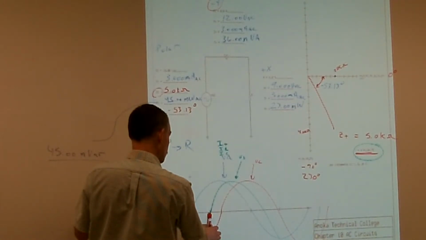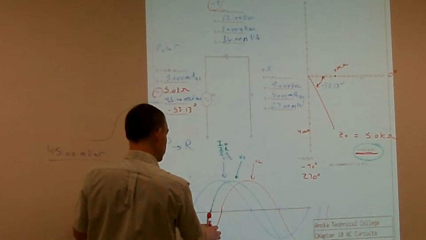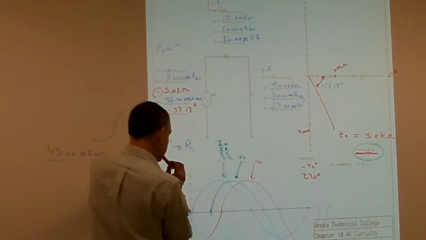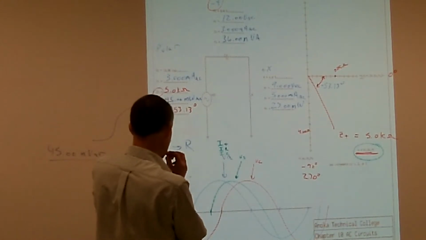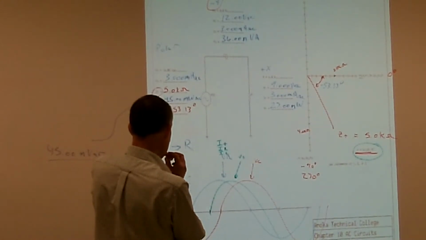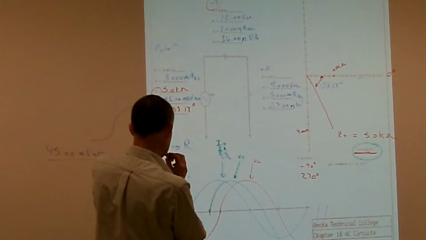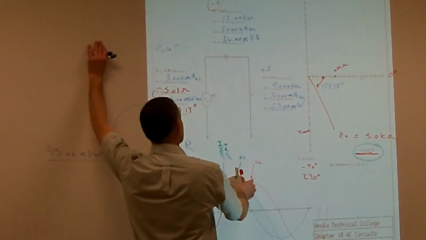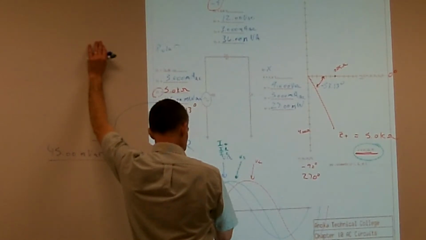Well, we know that current leads voltage, so by 90 degrees later, the VC will start to flow. Right, but let's see. I'm drawing a blank here. So my voltage source started increasing my voltage.